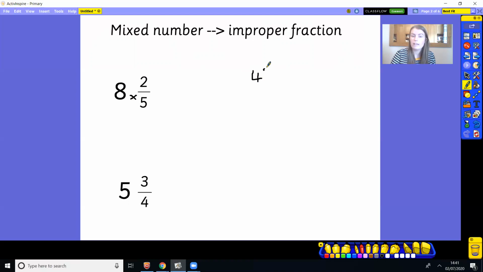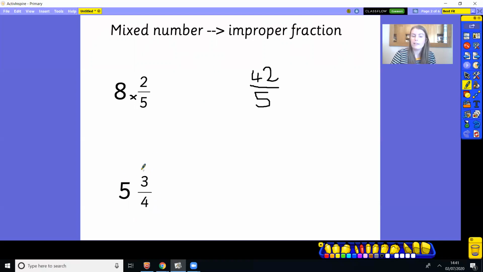So my numerator would be 42. The denominator stays the same, so that would be 5. So I know that 8 and 2/5 is the same as 42/5. So 8 and 2/5 is the mixed number, 42/5 is the improper fraction. They both have the same value.